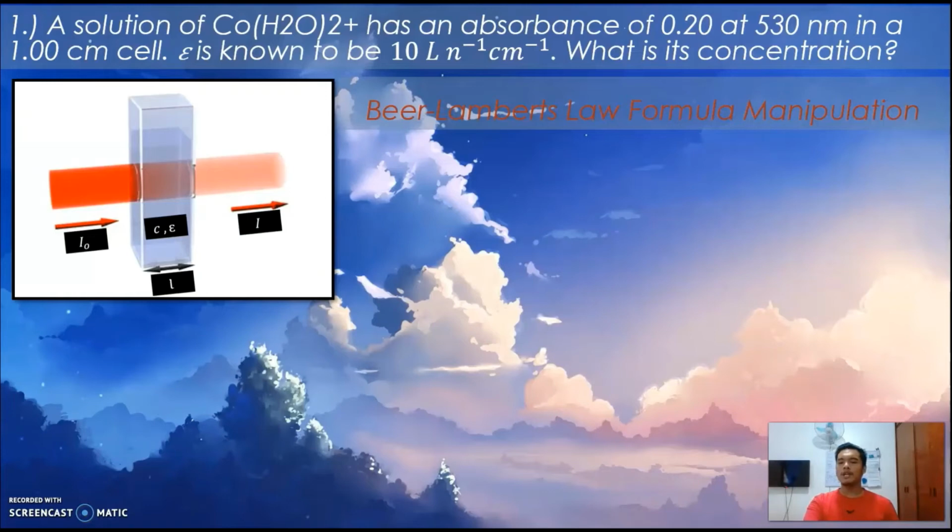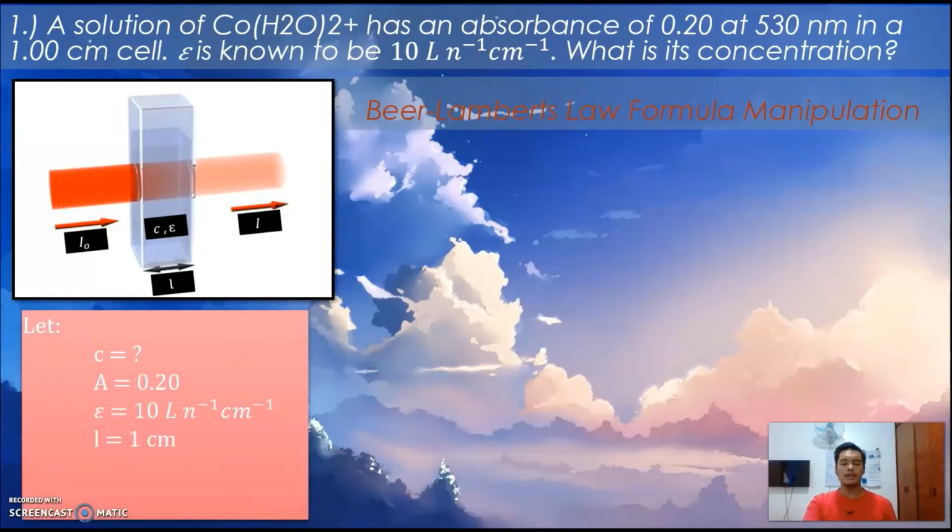Let's manipulate Beer-Lambert's law and assign our variables. We're not given a concentration because that's what we're trying to find, but we have an absorbance which is 0.20. We have a molar absorptivity which is 10 liters per mole per centimeter, and we have a cell pathway, or the distance of the cell, which is 1 centimeter.